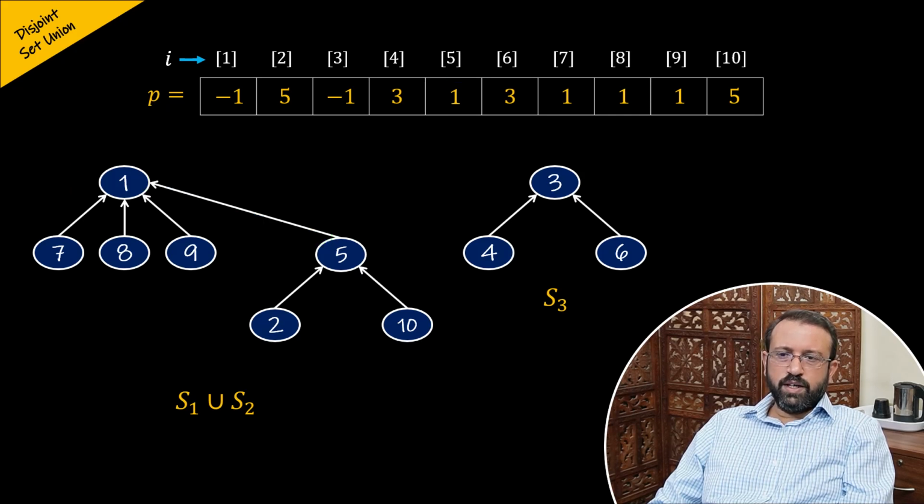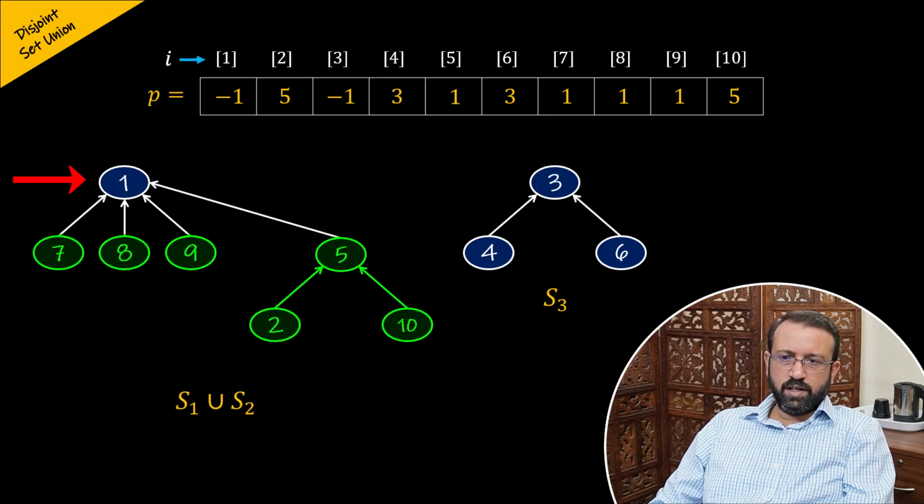Now, since the disjoint set union of sets S1 and S2 is itself a set, the set S1 union S2 is represented by a tree which has node 1 as its root and all the other nodes as its children, which are the elements of the disjoint set S1 union S2. This is one of the tree representations of the union operation.